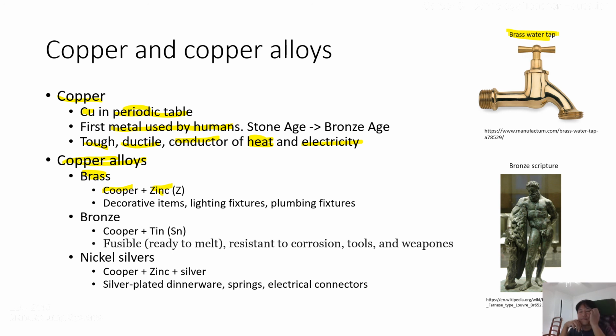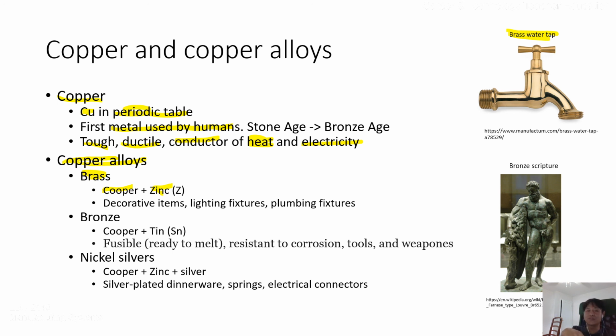It's a fun story. When people first found the brass alloy, a copper alloy, they believed it was gold. They thought, okay, we can make gold. We can engineer gold by combining copper with zinc. But later they found that it's not actual gold.